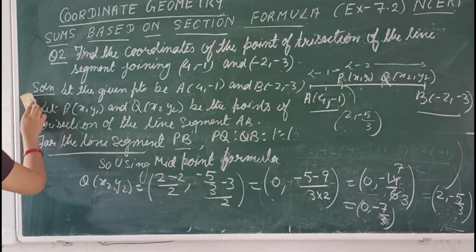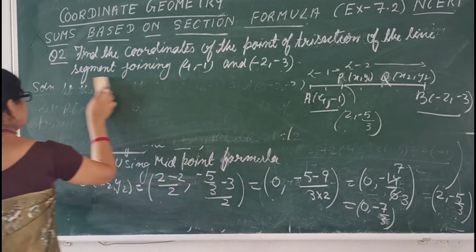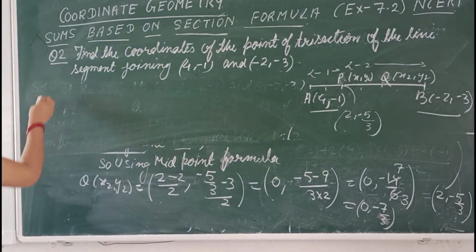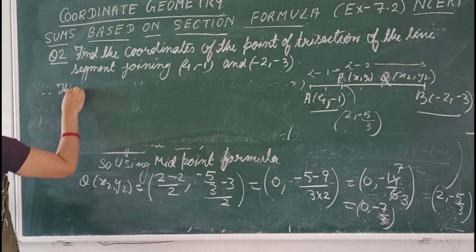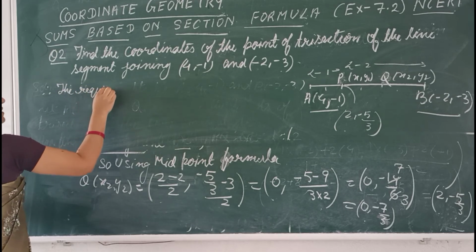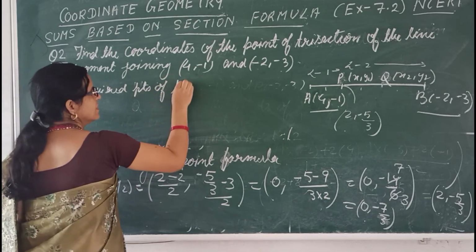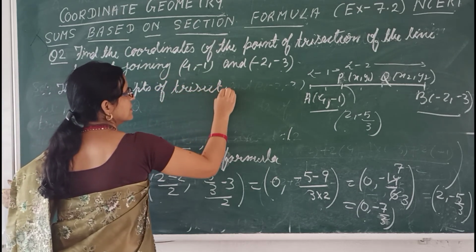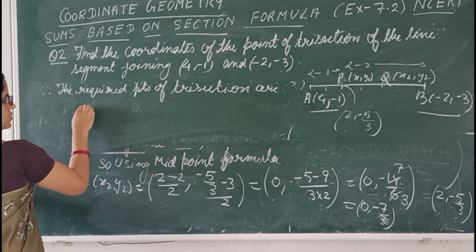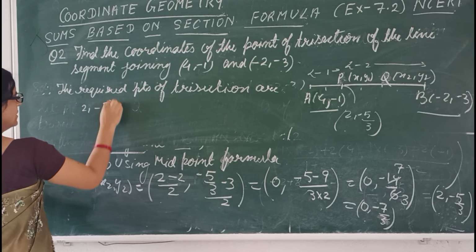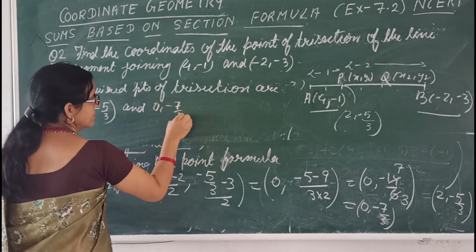Therefore at last we will be writing, as I said, the last statement should be the statement of the question in the answer format. Therefore, the required points of trisection are, what are the 2 points? 2, minus 5 by 3 and 0, minus 7 by 3.